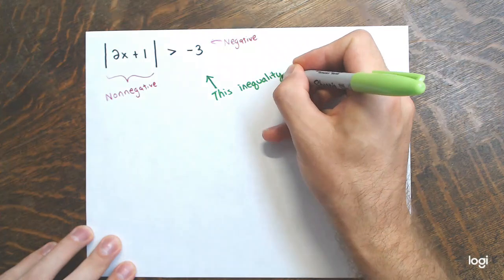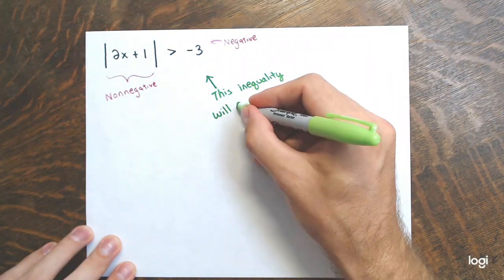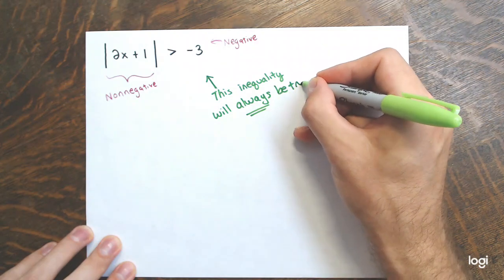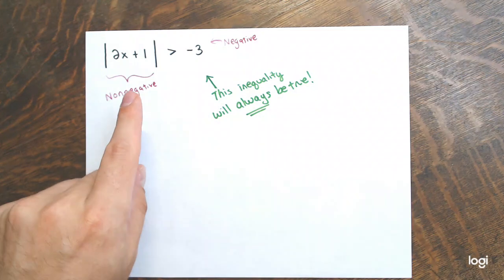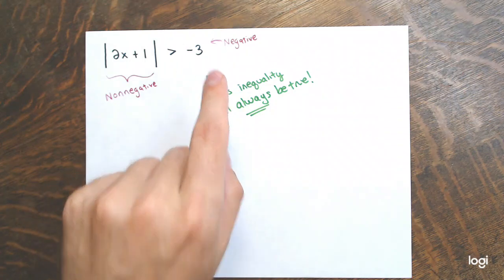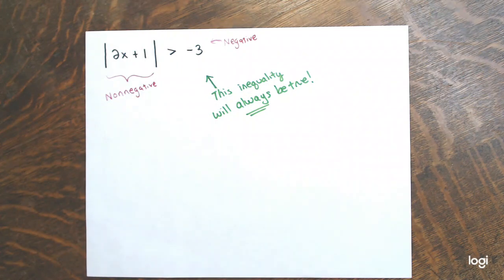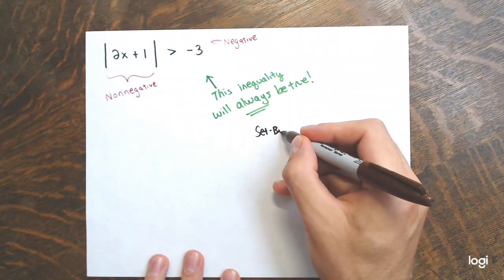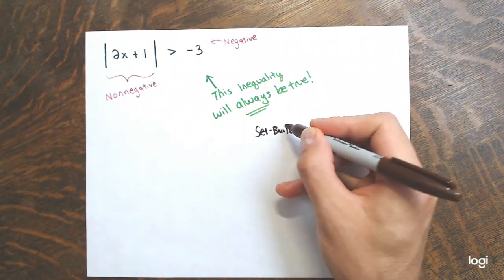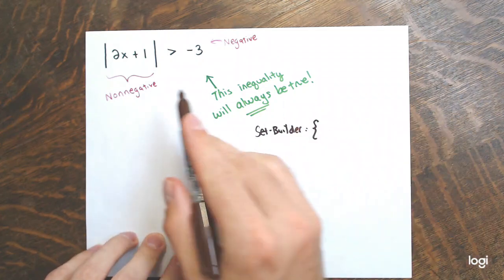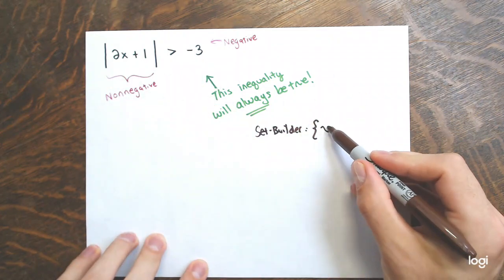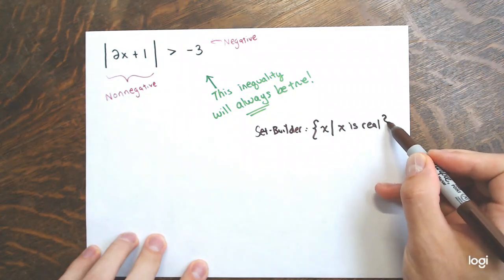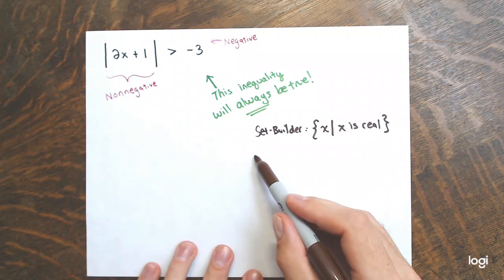Just like the last example, a non-negative number will always be greater than a negative number. So just like the last one, I'm going to put it in set builder first. The solutions to this inequality are all the values of x, as long as x is any real number. The graph is the same thing.